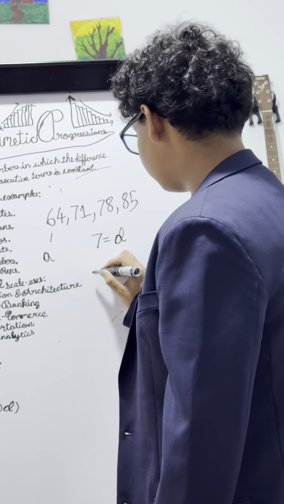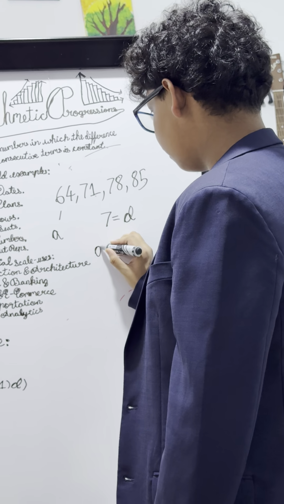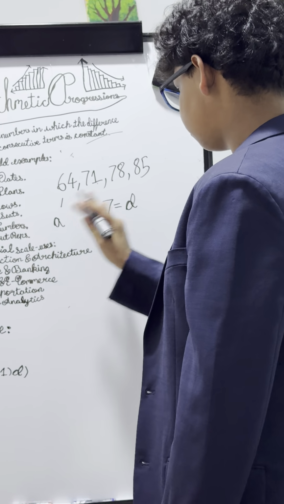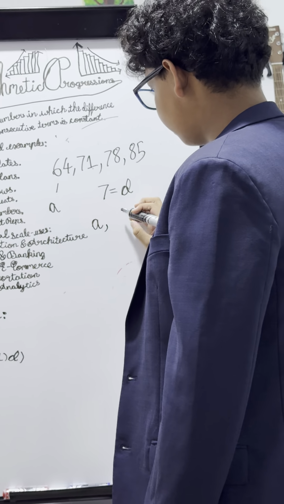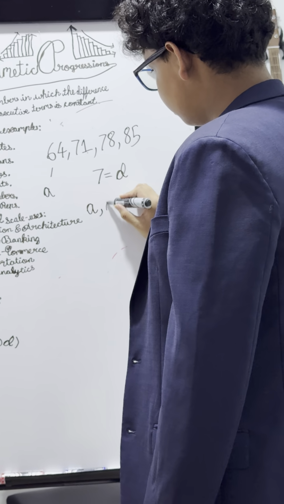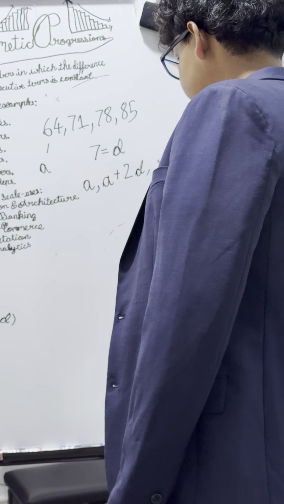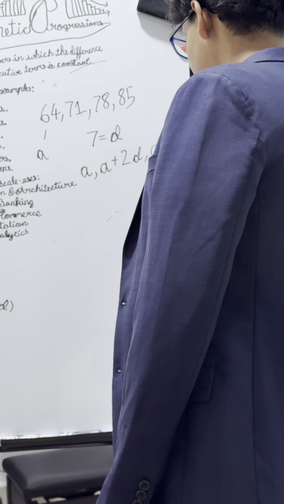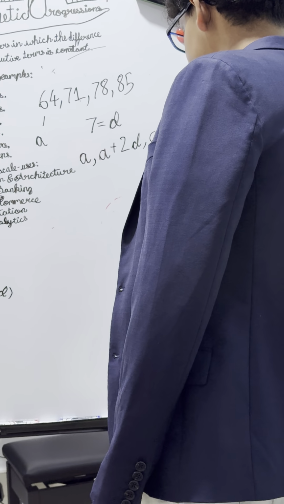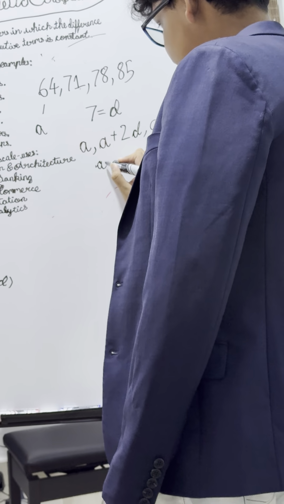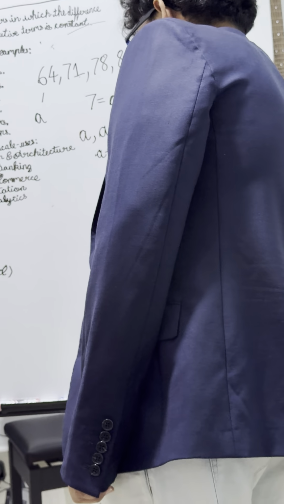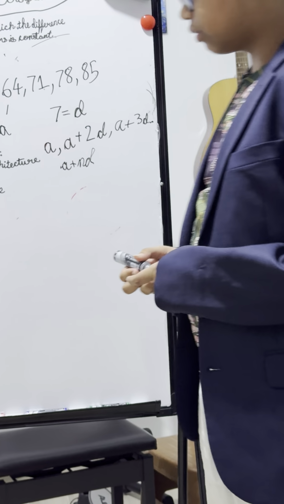Similarly, here you have arithmetic progression, and inside it a, which is the first term, a plus d, a plus 2d, a plus 3d, and onward till a plus nd, n being the number of terms.